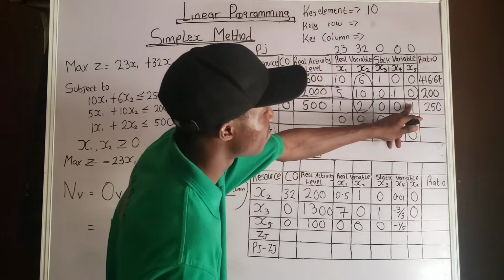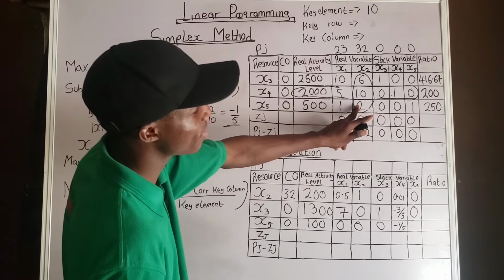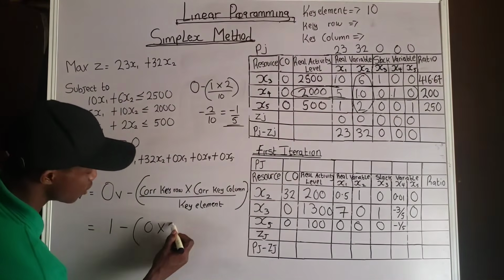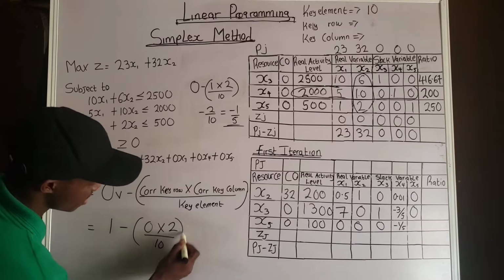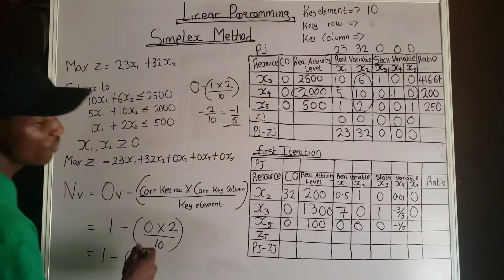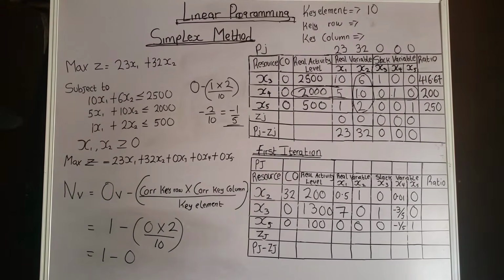I'm going to trace it from this 1 back to the key column element. The key column element that corresponds to 1 is what? 2. So I'm going to have 0 multiplied by 2 all over the key element. So that is 1 minus 0. The new value of these cells is what? 1. Because 1 minus 0 is 1.